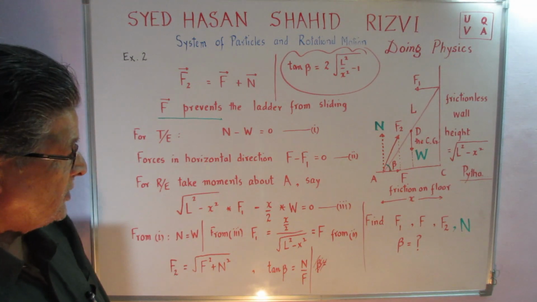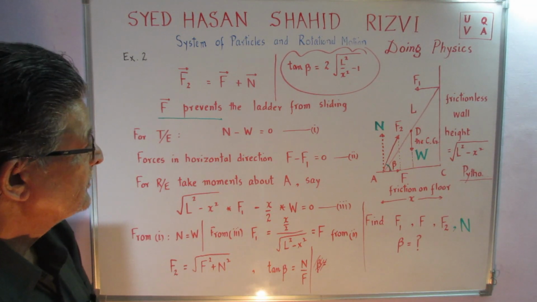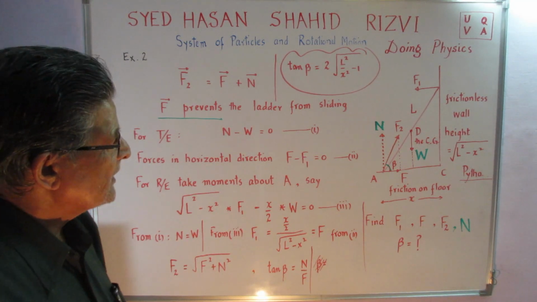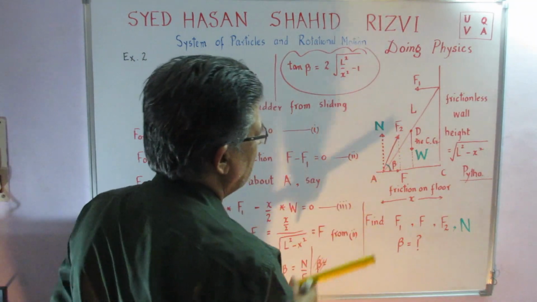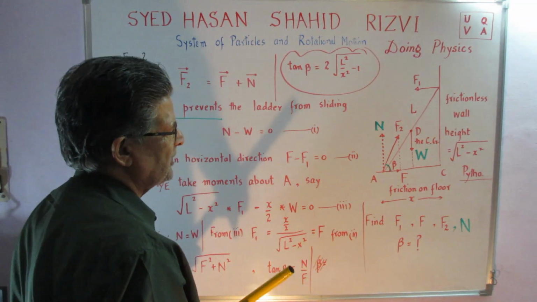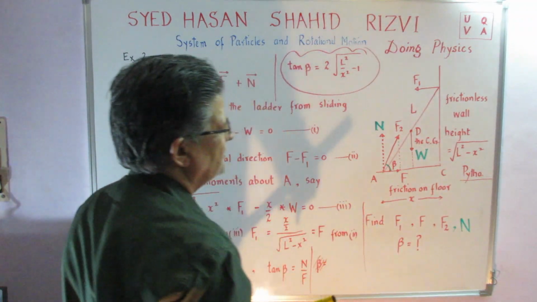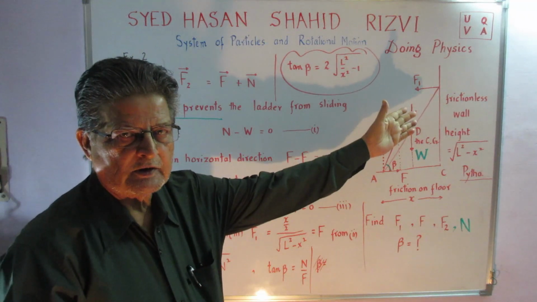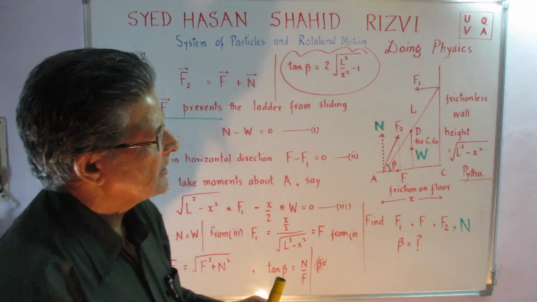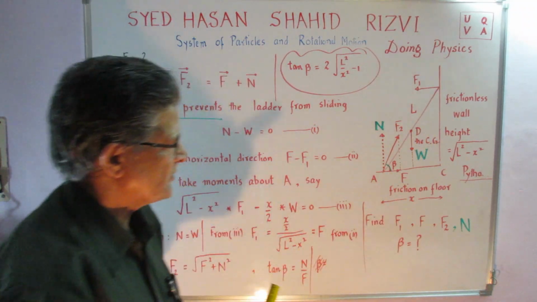And then we talk of the forces in the horizontal direction. The forces in the horizontal direction are two. One is this force F, which is providing the friction force, and the other is the reaction of this wall to the ladder over there. It's not the horizontal direction, it's the direction normal to the reacting surface.